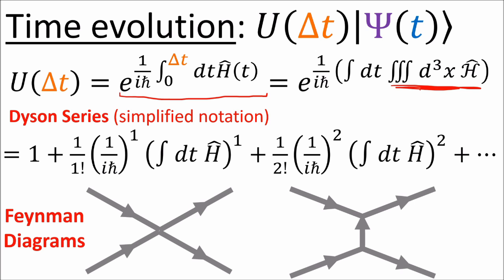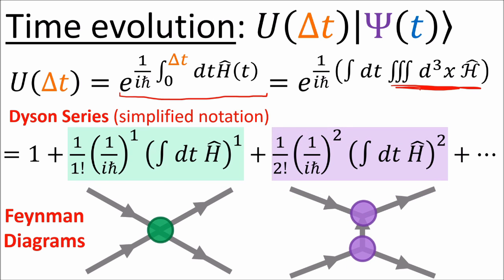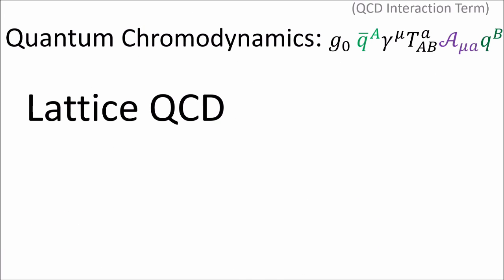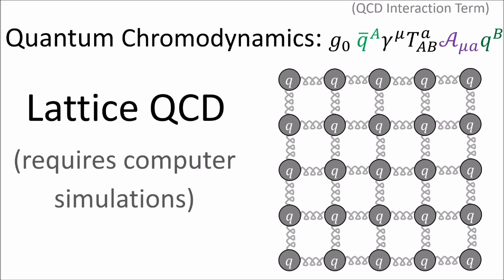The exponent on any given term indicates the number of vertices in the Feynman diagrams for that term. For predicting quark interactions in quantum chromodynamics, it's common to model space as a lattice and run computer simulations to see how the system will evolve over time.